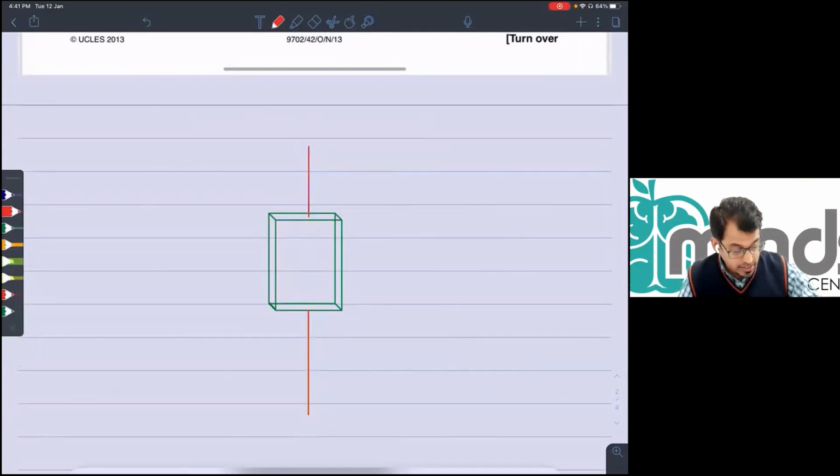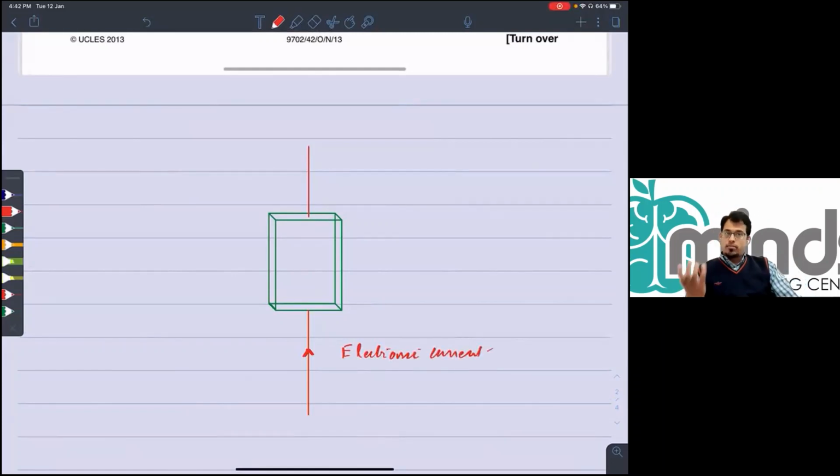The current will be flowing in this direction. For the sake of simplicity, I'm considering this current as electronic current. It will make things easier for us. So what I have done, I have taken a piece of metal and connected it to a battery or a cell that will be providing current.